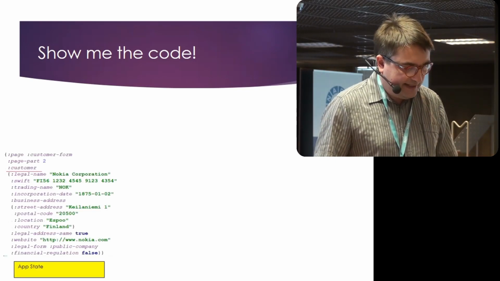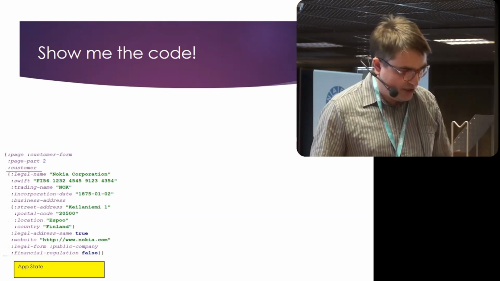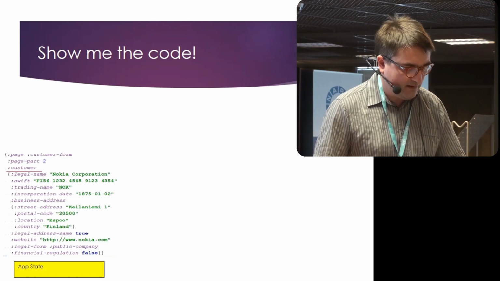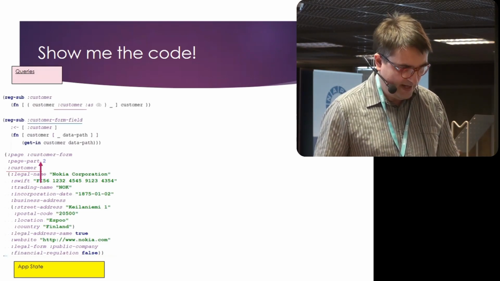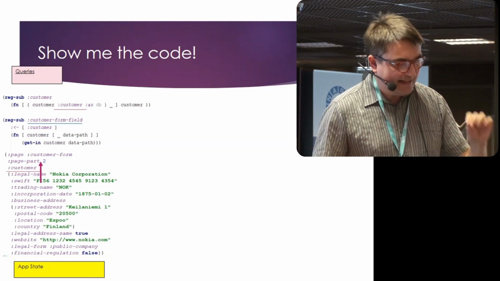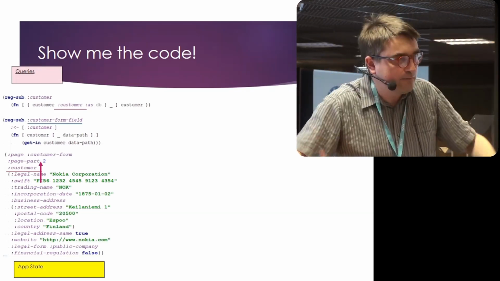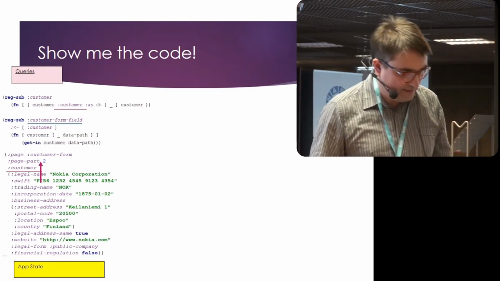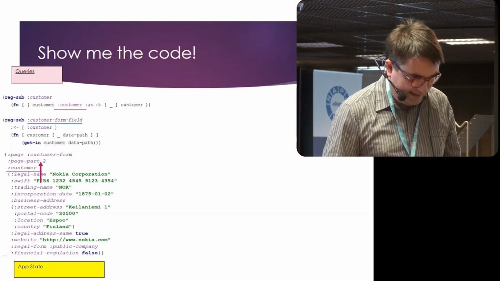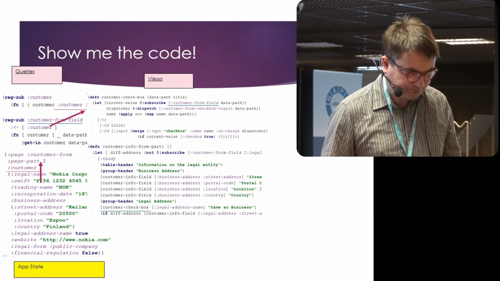The application state here consists of different nested data structures with company names, bank accounts, addresses, and so on. Then we have queries that are functions drawing data from the application state and creating higher-level calculated values. For example, here the customer is being drawn from the database.